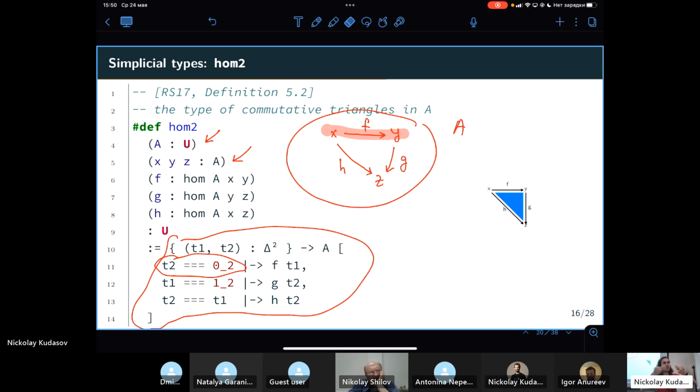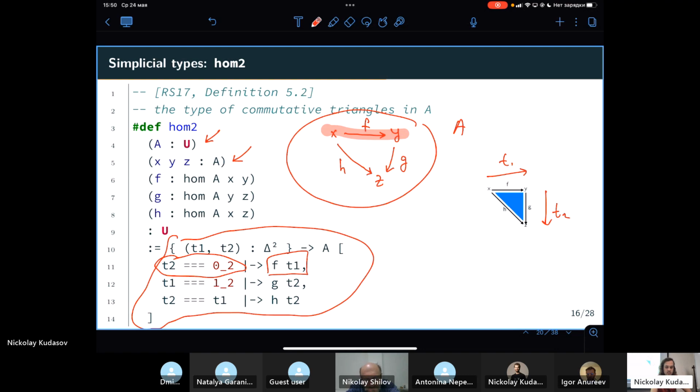It's not just the arrow between x and y; it includes x and y themselves. Right. So when t2 is equal to 0, t2 goes here, t1 goes here.